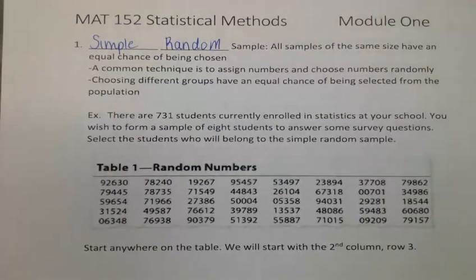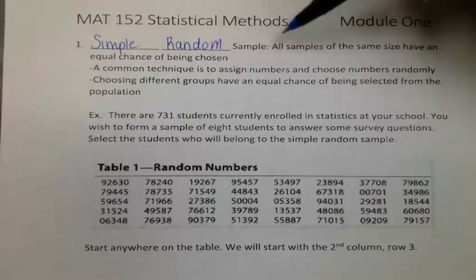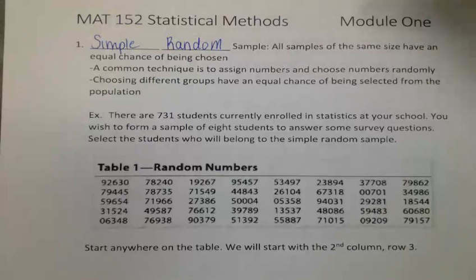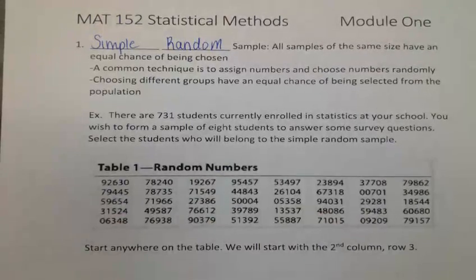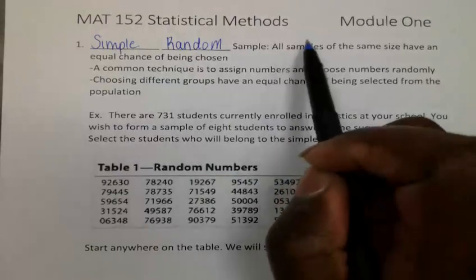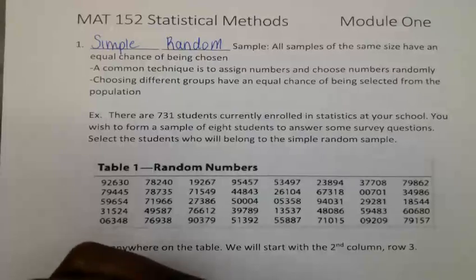Random is you as a person being chosen, but simple random sample means all the samples of the same sample size can be chosen. In any kind of way that you can rearrange your samples, all those can equally be chosen.